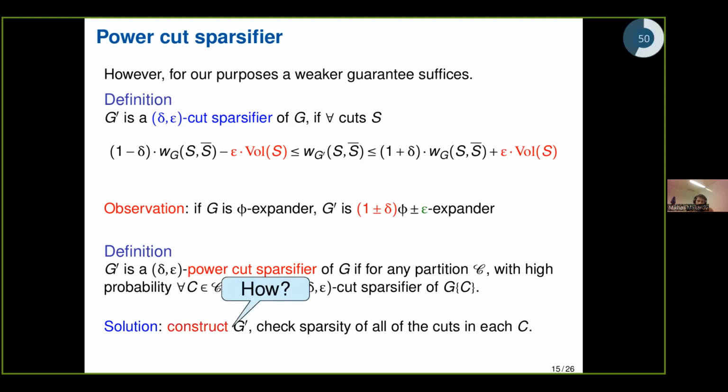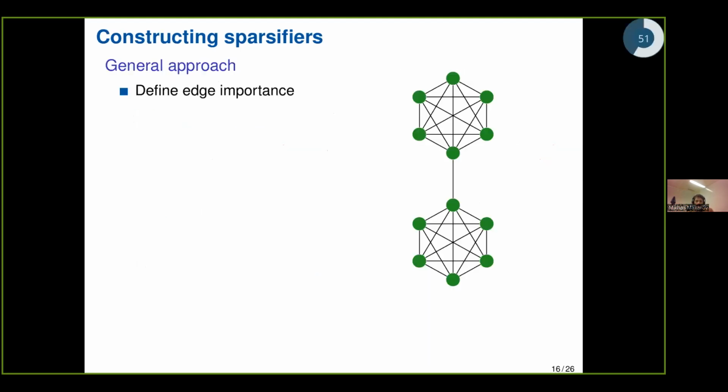However, there's one problem. How to construct such a cut sparsifier? Well, let's take a step back and look at how sparsifiers are constructed in general. First, people define some kind of edge importance for each edge, depending on the kind of property that they want to preserve in a sparsifier.